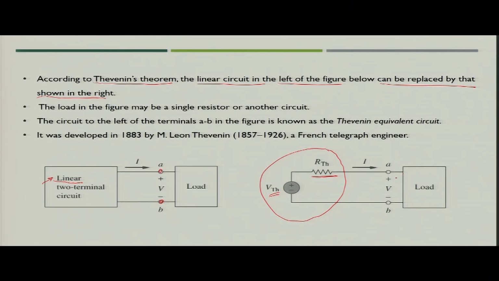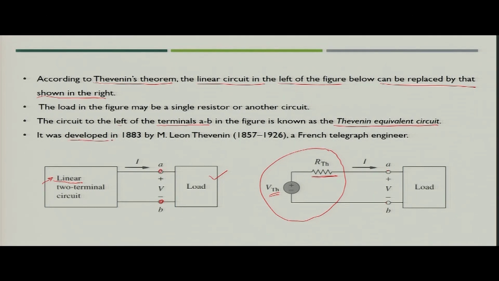In that way, the load which you are analyzing for variables like voltage and current stays connected with the equivalent of the circuit external to the load terminal. The circuit to the left of nodes A B is called the Thevenin equivalent circuit.